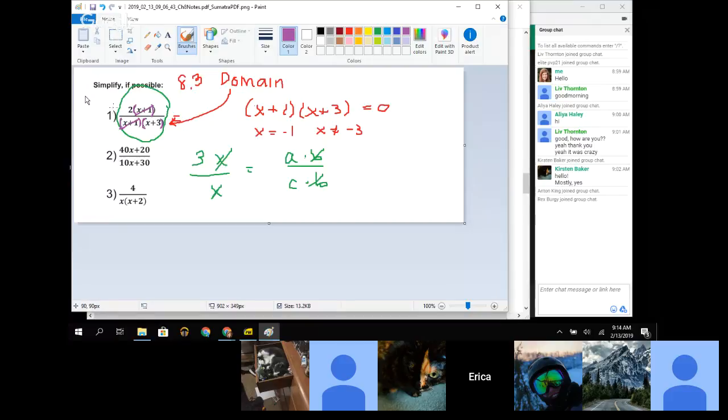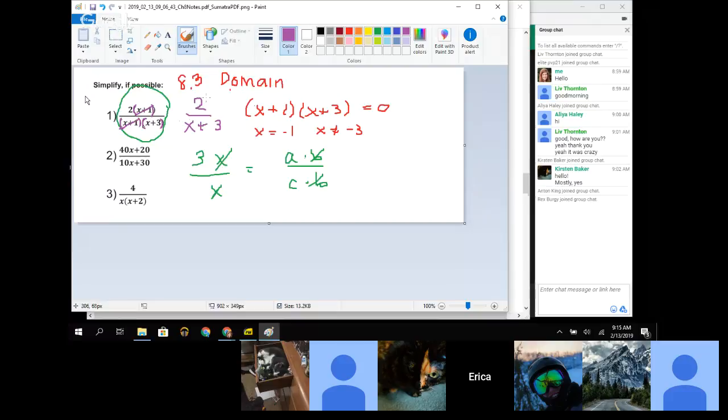Okay, so we're simplifying a rational function. If I do cancel them out, then my function becomes 2 divided by x plus 3.